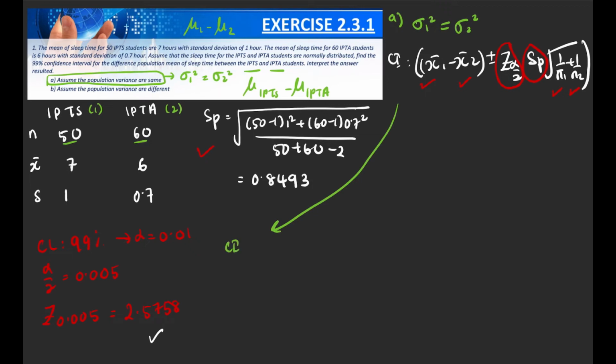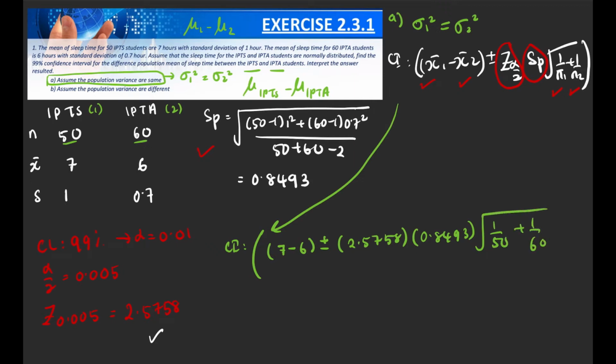So confidence interval is X bar 1 is 7 minus 6 plus minus 2.5758 times SP is 0.8493 times 1 over 50 plus 1 over 60.